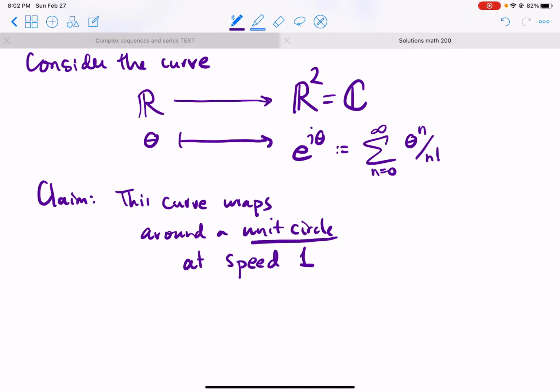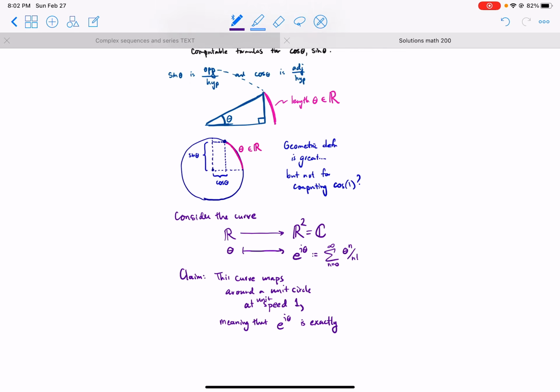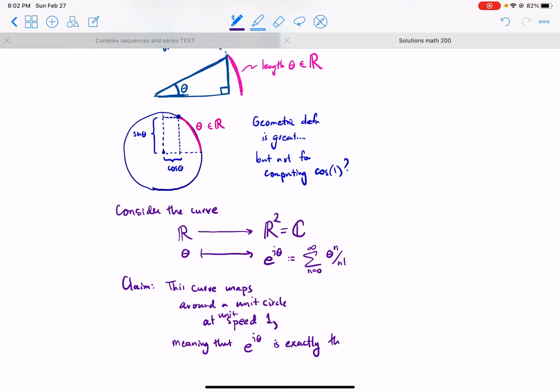It goes around a unit circle at unit speed. Maybe I even say that just because it sounds nice. A unit circle at unit speed 1. Meaning, what does this mean? Meaning that e to the i theta is exactly this point.